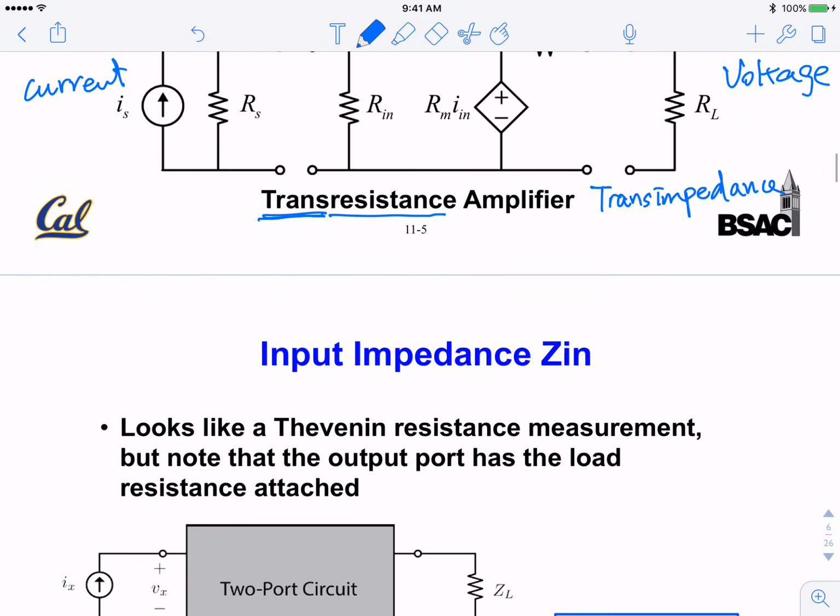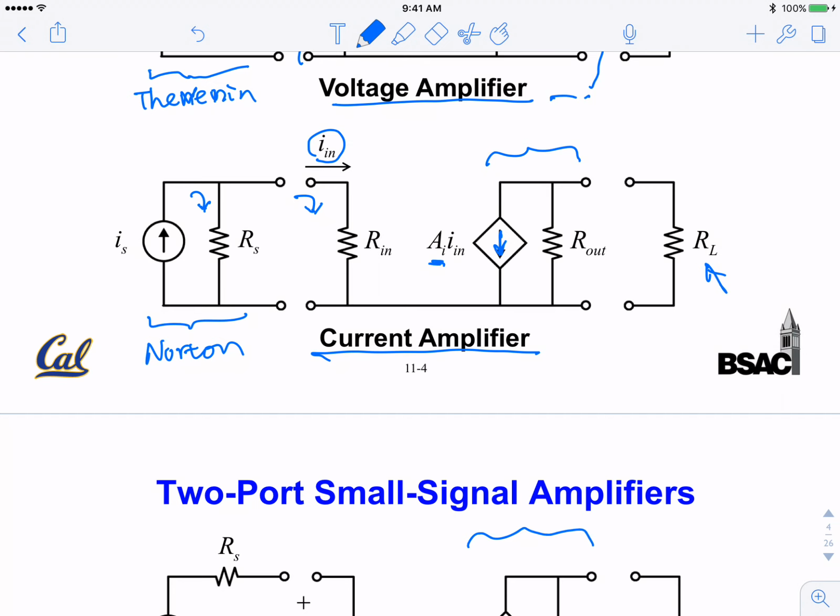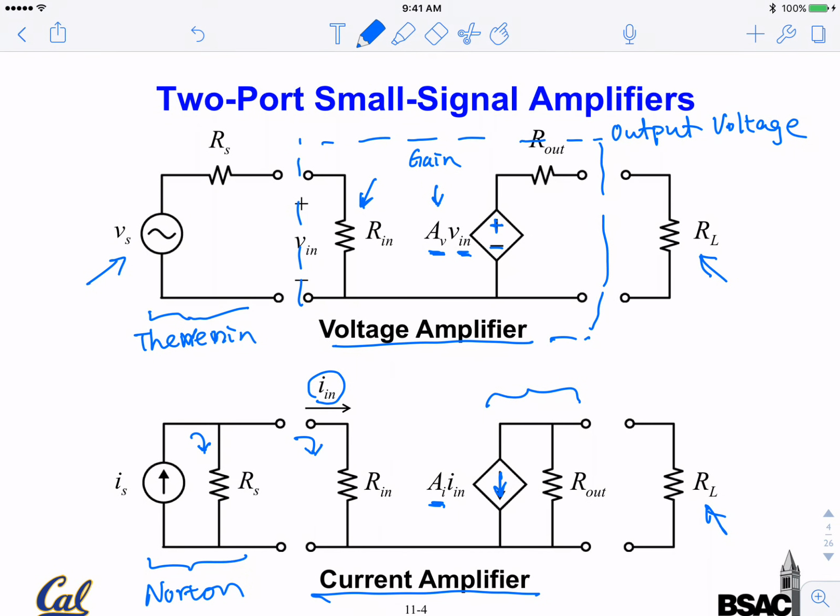So as you see in all these equivalent circuits, there are 3 important parameters. You look at all 4 of them. There is input resistance, there is output resistance, and there is gain. The gain depends on the particular type of amplifier.